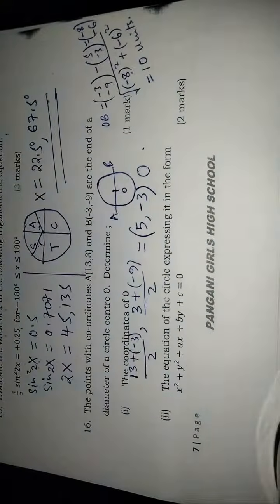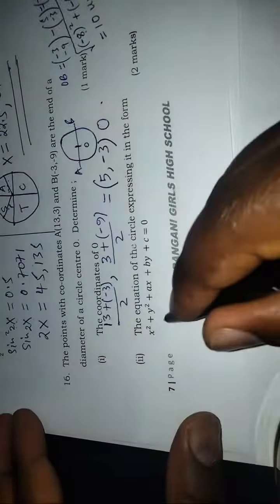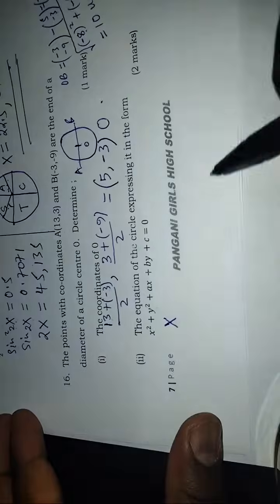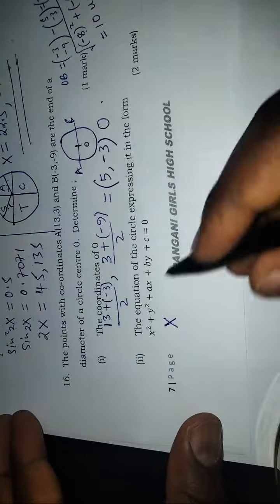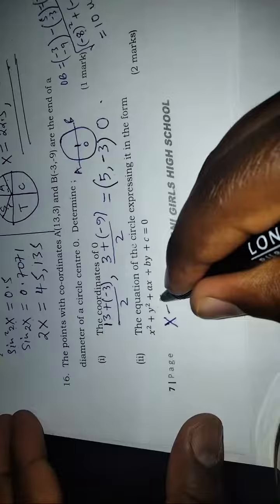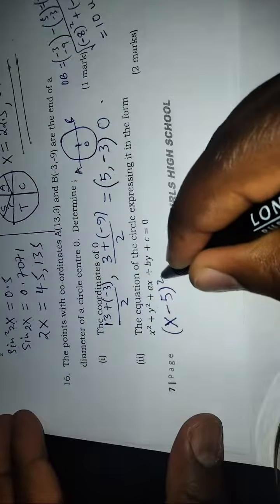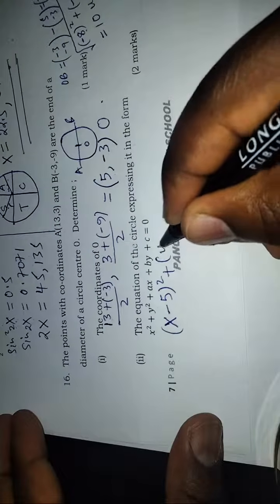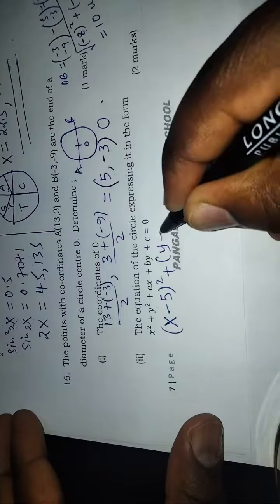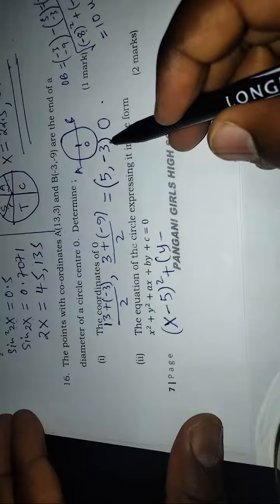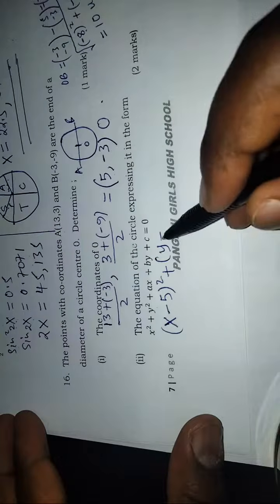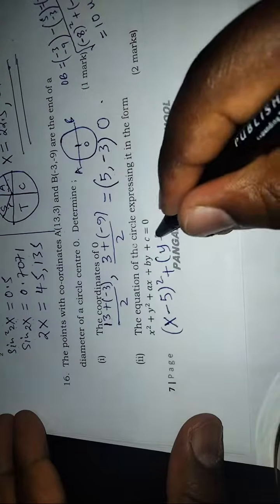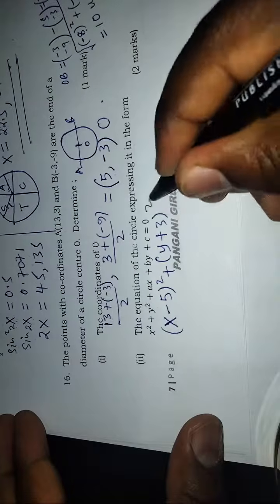So with the radius and the center, we need x minus a, which is the x coordinate of the center. This is 5, and we square, plus y minus b, which is the y coordinate of the center. So y minus -3 becomes y plus 3. We also square.